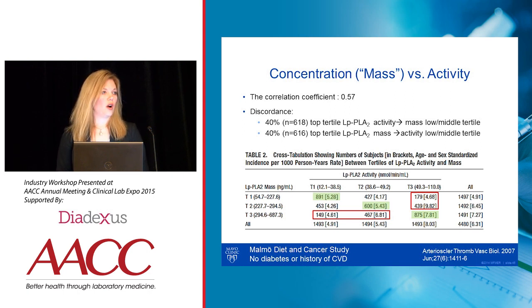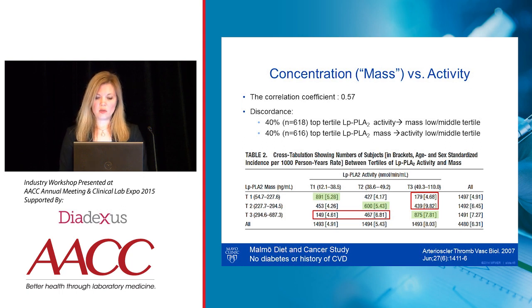These are patients who are either both low in concentration and low in activity, or high in concentration and high in activity, identifying essentially this concordance, that both assays would identify the same population as being at low risk and high risk.